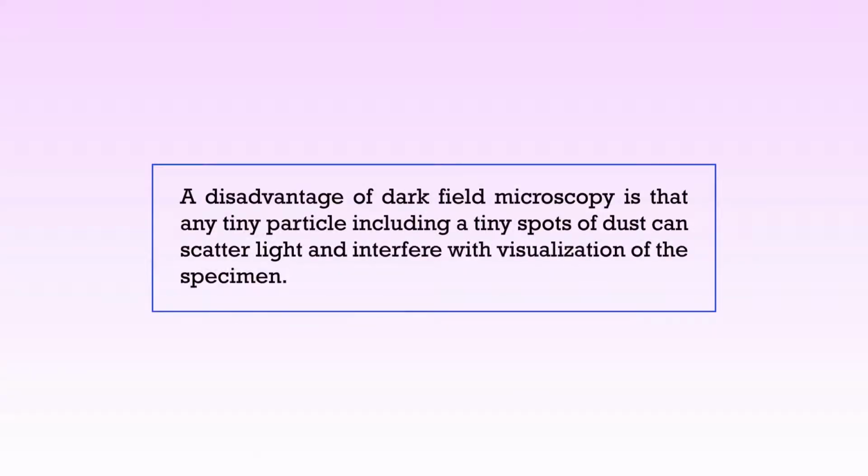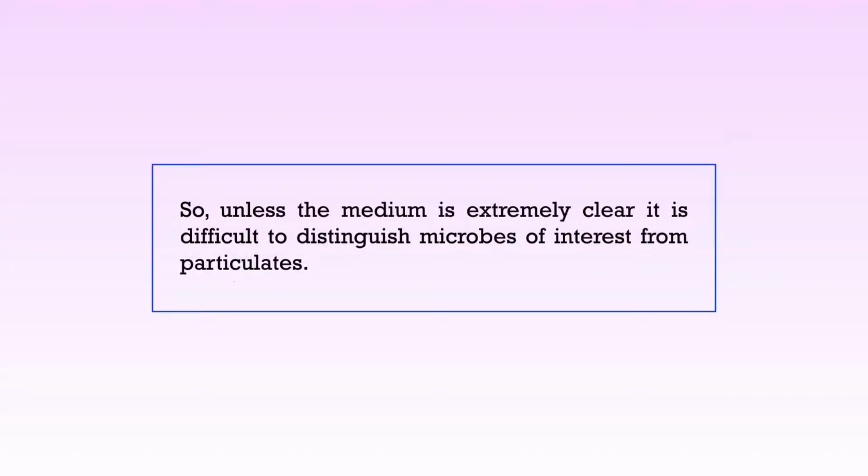A disadvantage of dark field microscopy is that any tiny particle, including tiny specks of dust, can scatter light and interfere with visualization of the specimen. So, unless the medium is extremely clear, it is difficult to distinguish microbes of interest from the particulates.